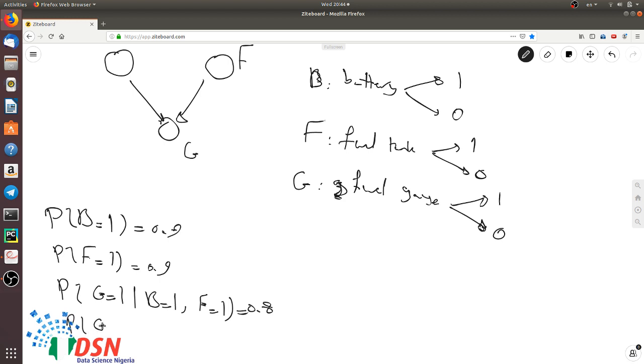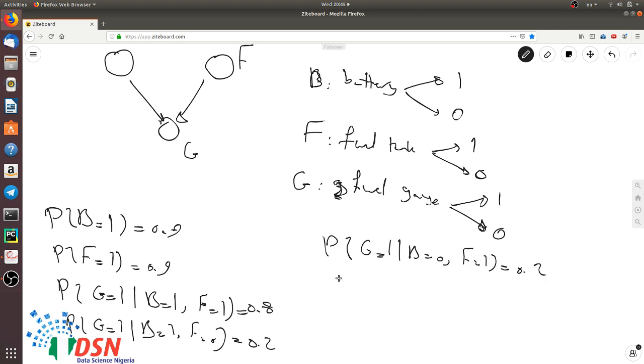The probability of G1 given B1 F0 is 20%. The probability of G1 given B0 F1 is 20%, and the probability of G1 given B0 F0 is 10%. Okay.